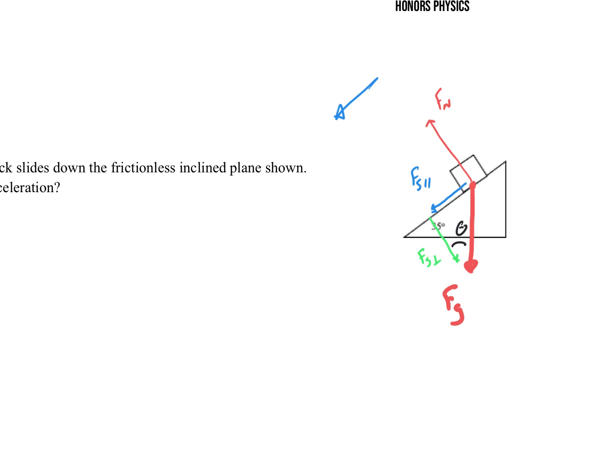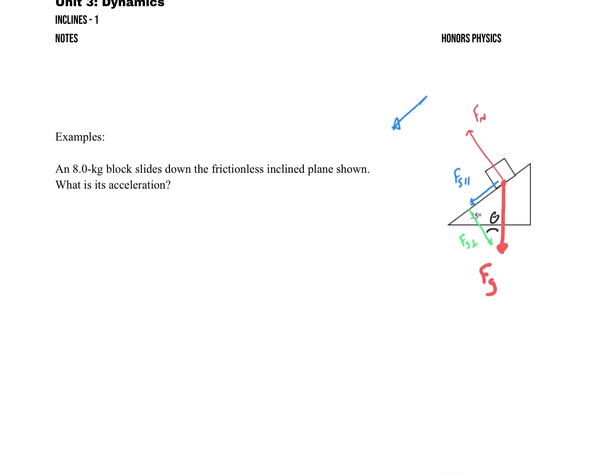Here's one of those weird things: we can figure out which way is positive or negative. I'm going to call down the ramp positive just for ease of signs. So the net force of the object is the FG parallel part, and that is causing the mass to accelerate.